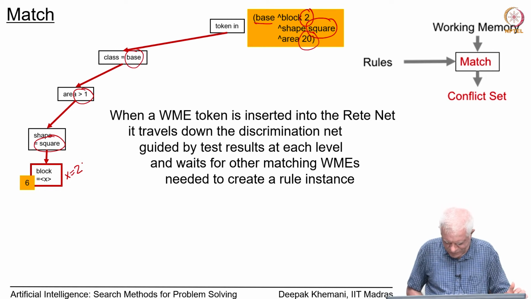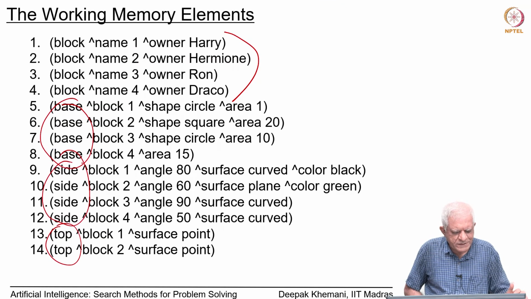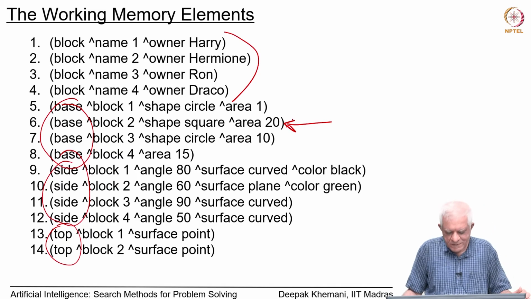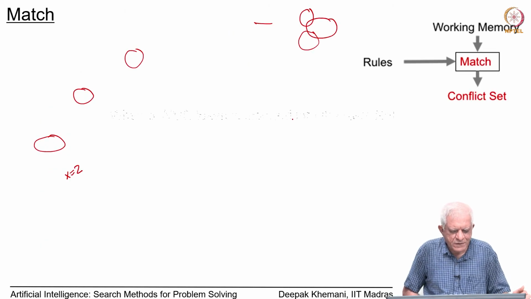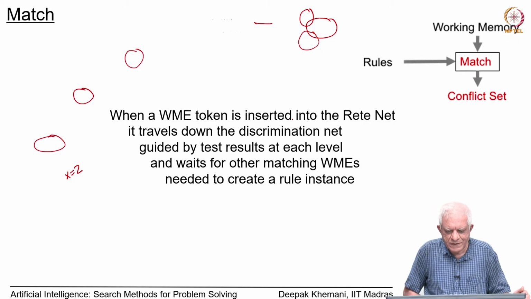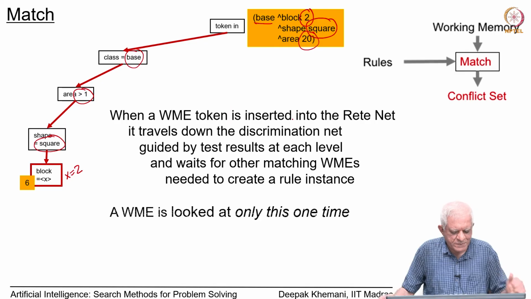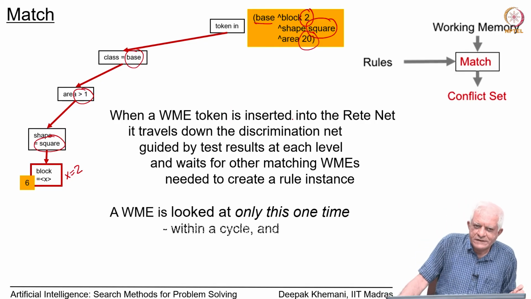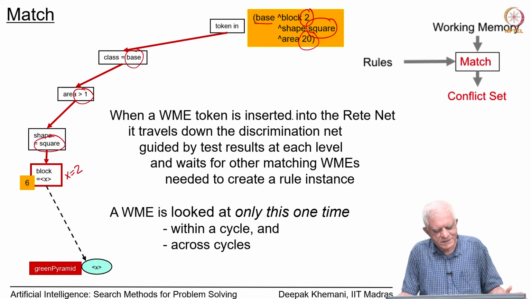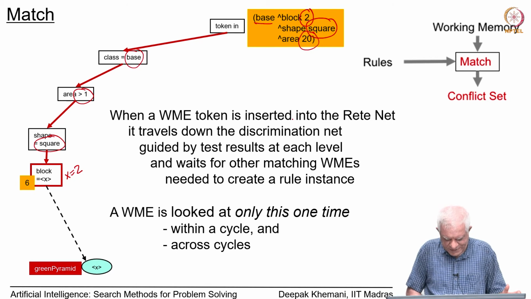Remember that there was a whole set of tokens and this is token number 6 that we are talking about here, and it has gone down doing these different tests and come here. Now, the important thing that is really the crux of this entire approach is this.